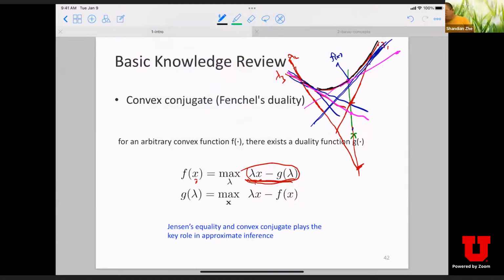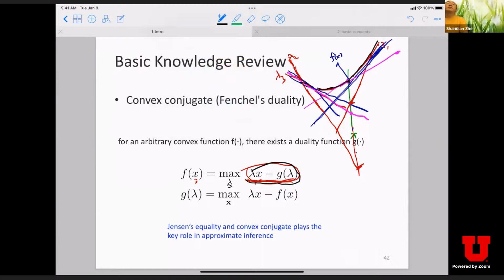So that's why f of x is arrived at by taking the maximum value: you take some slope lambda which makes your tangent line value at x maximum, because all the other tangent lines at x are smaller. Looking at the right-hand side, you're adjusting lambda such that you find the lambda whose tangent function value at x is the maximum.